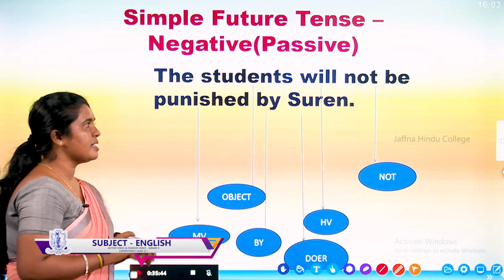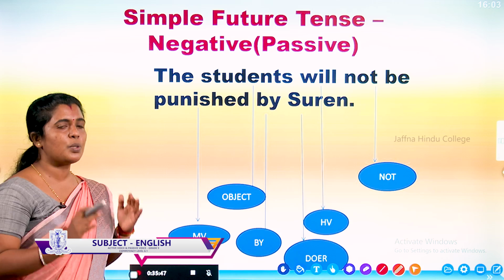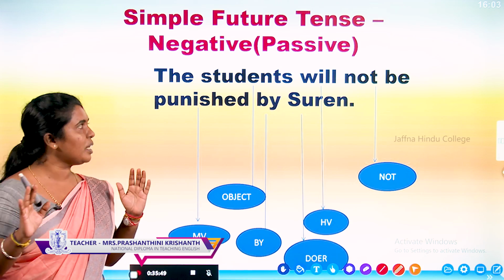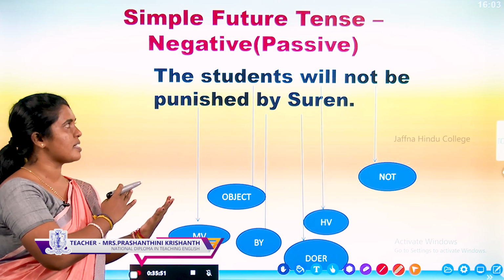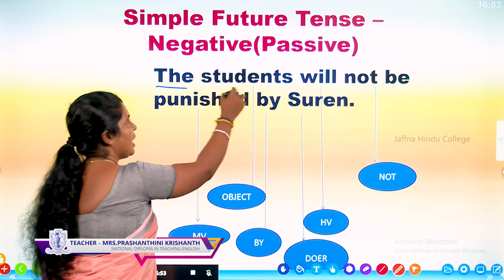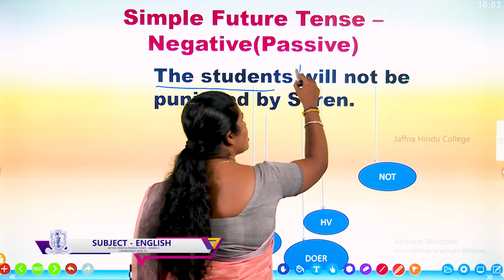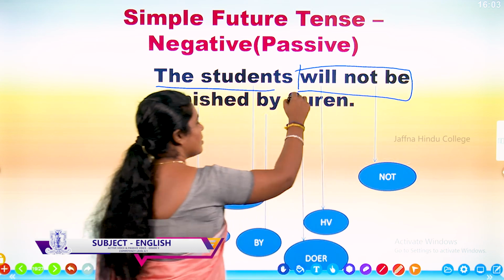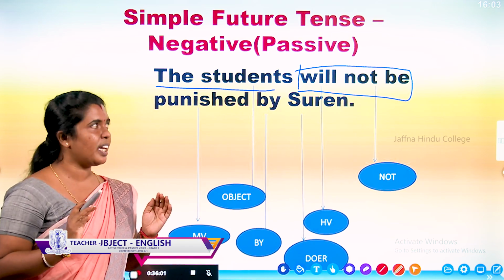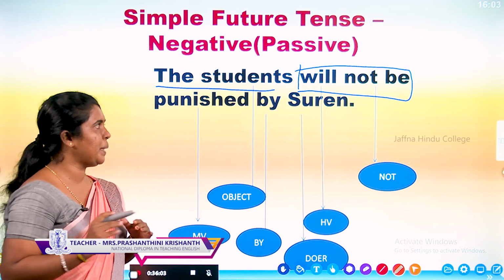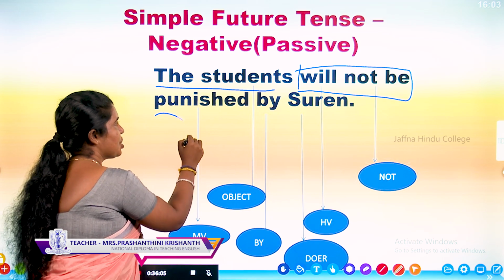When you change this sentence into passive voice, what will happen? As usual, the object will come first. So the object we are taking, the students will not be. Right? So this is the structure here. Will not be punished.